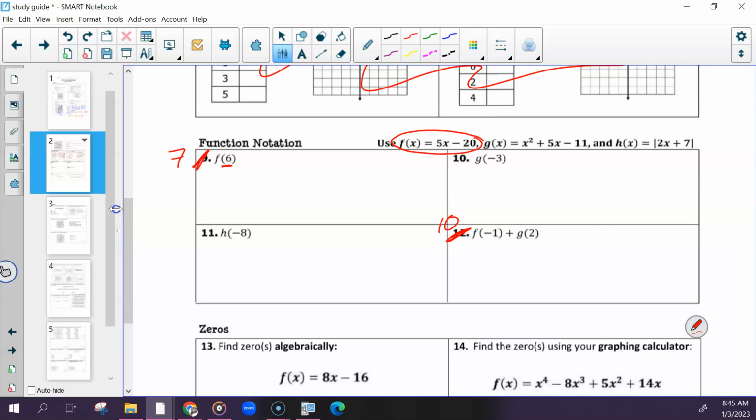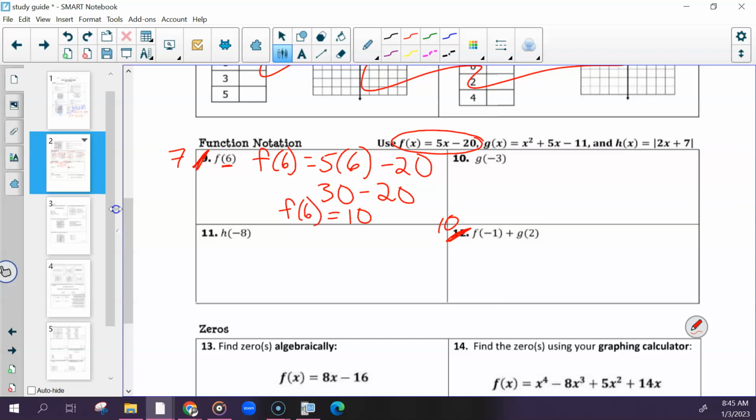Put 6 in for all of your x's. And then simplify. 5 times 6 would give us 30. 30 minus 20 is 10.